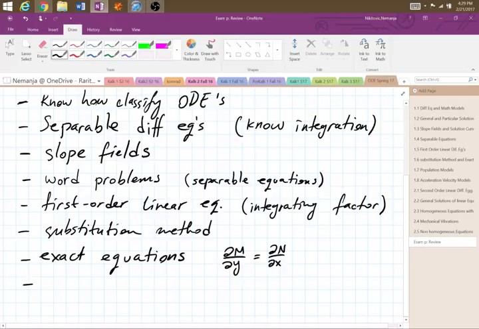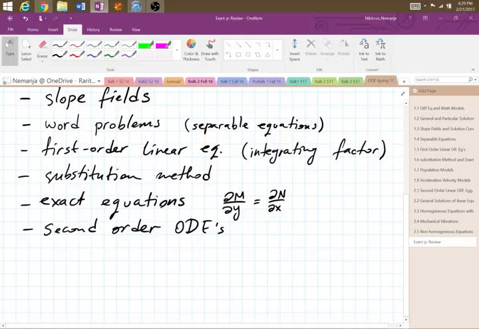So let's see exactly what we have. Okay, so second order ODEs, which branches into, so second order ODEs, you have to know independence of solutions, which means check with the Wronskian, right? So independence of solutions.